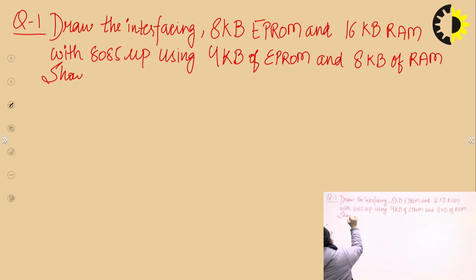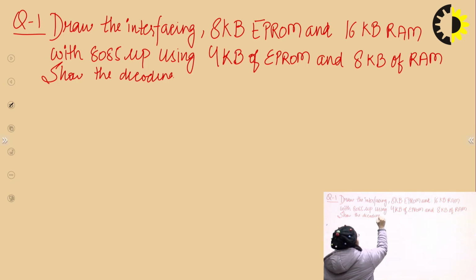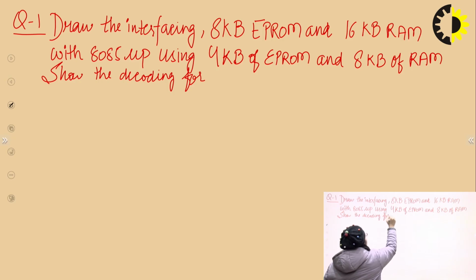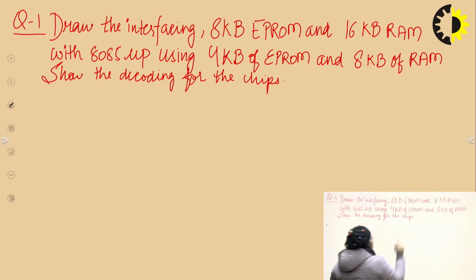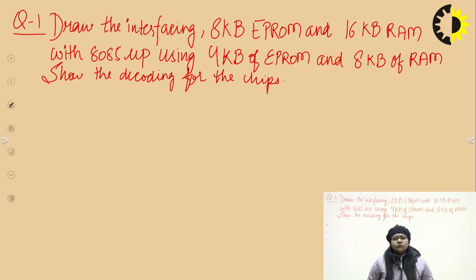Also show the decoding for the chips. So in exams, these kinds of questions generally come. We have to interface both RAM and ROM. So I am covering here the typical example that generally comes in university exams also.